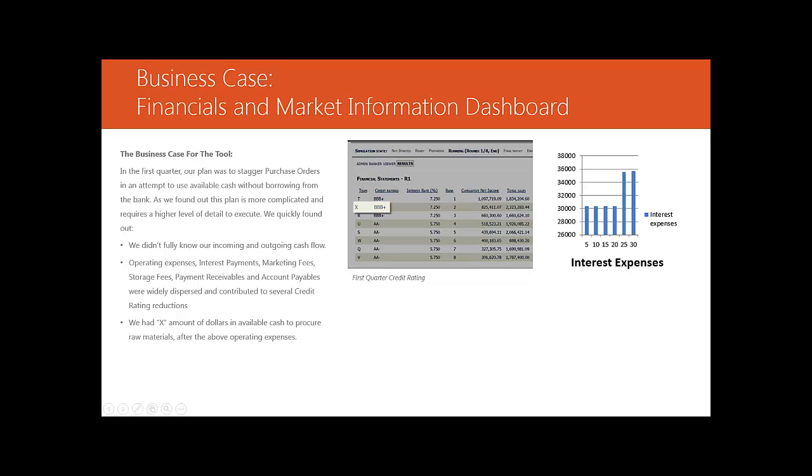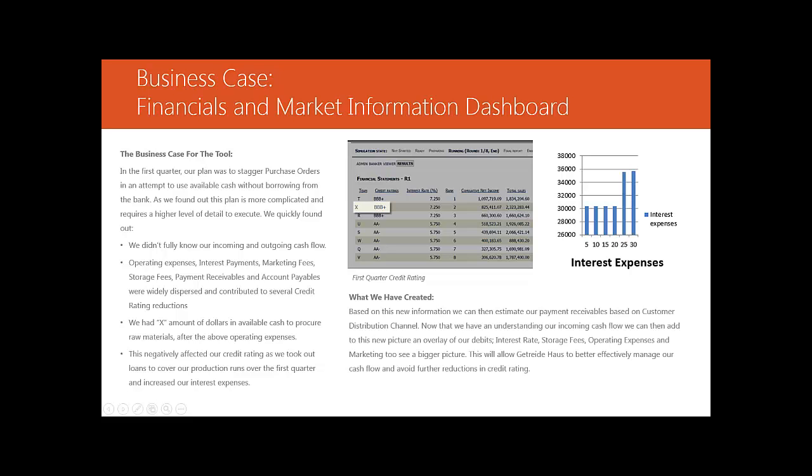What we did not know was how much available cash we had to procure the raw materials after the above operating expenses. And this also negatively affected our credit rating, and we had to take out loans in order to meet those expenses.